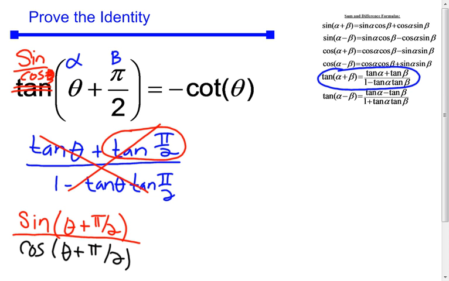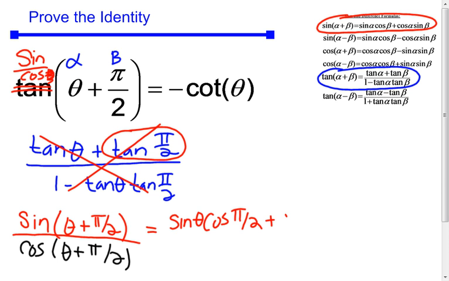So sine at theta plus pi over 2, I'm going to follow this formula. Sine at theta plus pi over 2 is like sine at alpha plus beta. Okay? My alpha will be theta, and pi over 2 will be my beta. So I'm going to follow that formula for the red part. So I will have sine at theta, cosine at pi over 2, plus cosine at theta, sine at pi over 2.